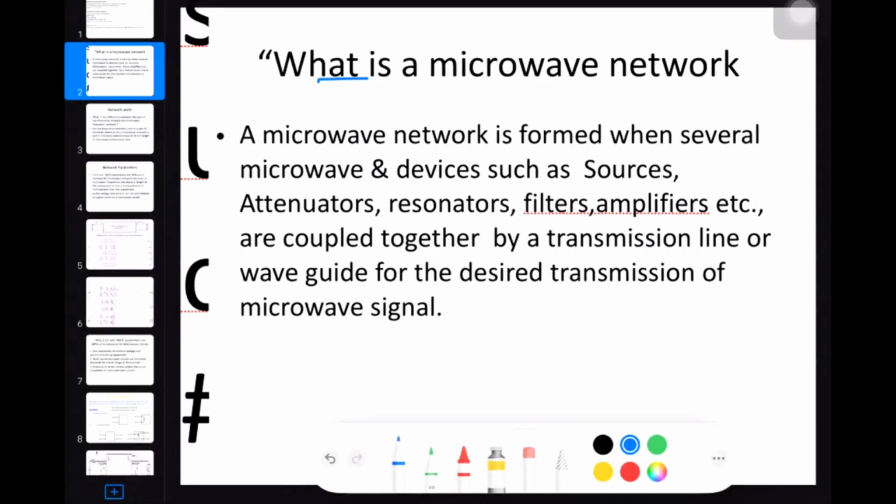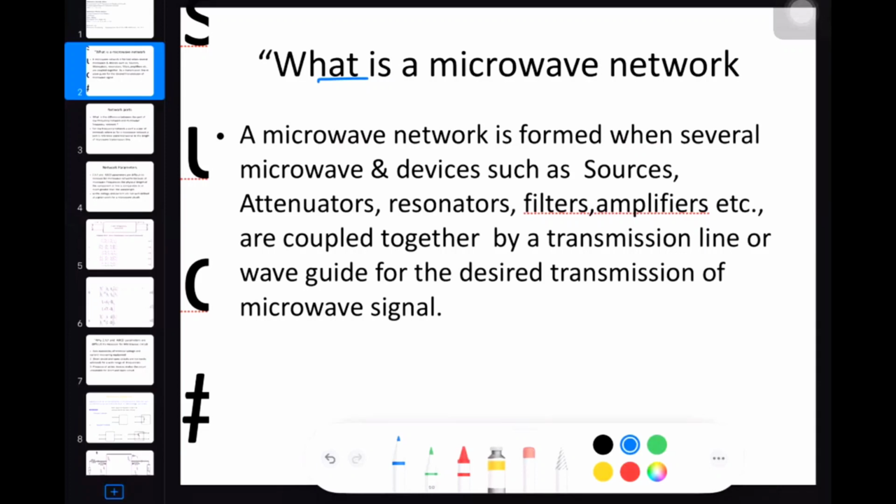In the last few classes, I have shown you the microwave test bench, which consists of the klystron power supply, the klystron tube, the attenuator, isolator, the slotted line carriage, and finally the matched terminator which is connected to the CRO. I have already shown you the entire microwave test bench setup in the previous module.